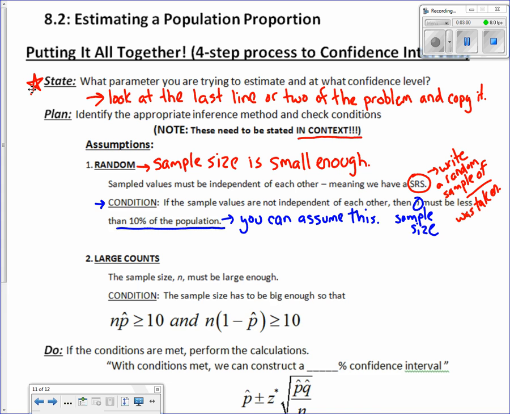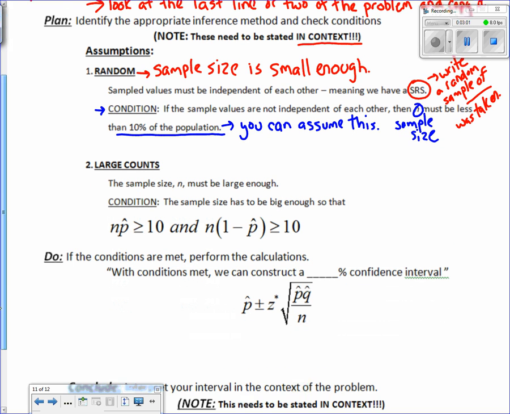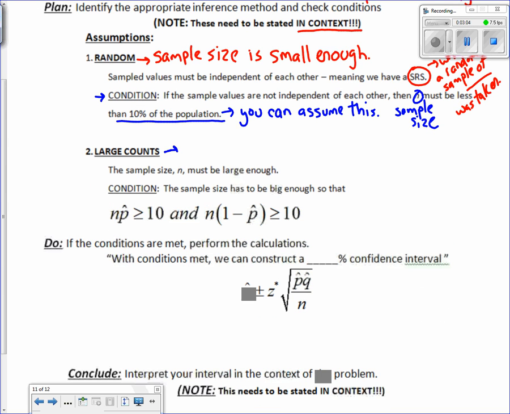All right, then the second one, large counts, meaning the sample size is large enough. To check that one, you usually do have to apply the condition in order to check it off.